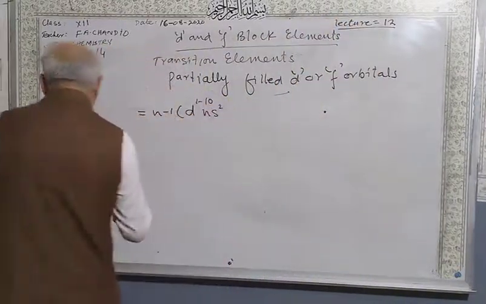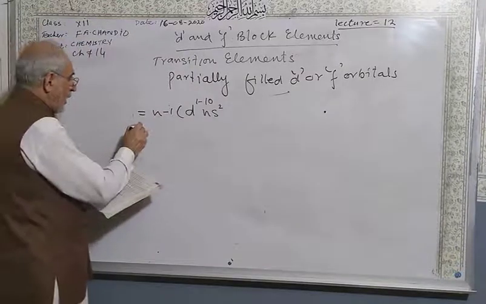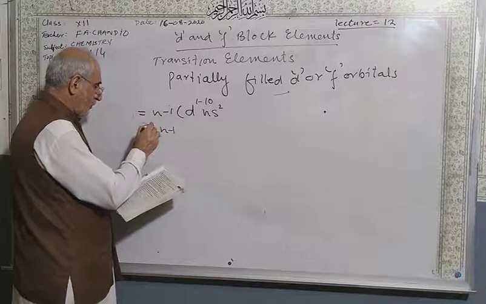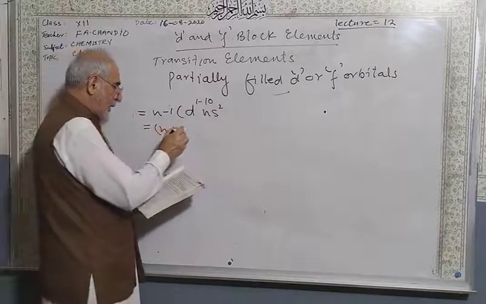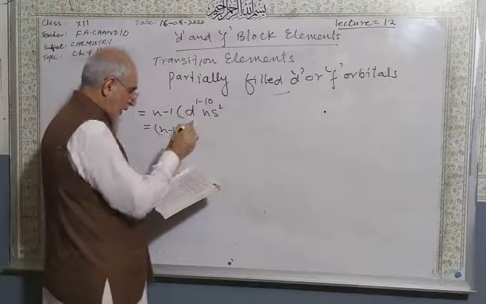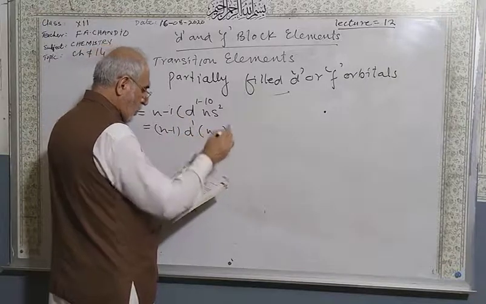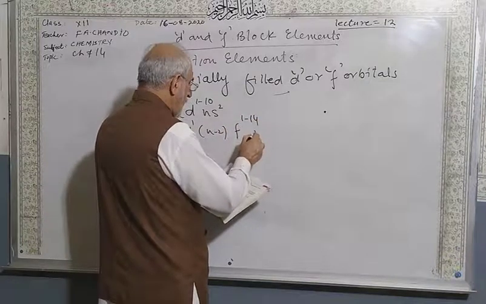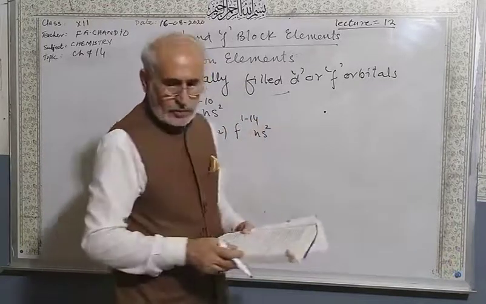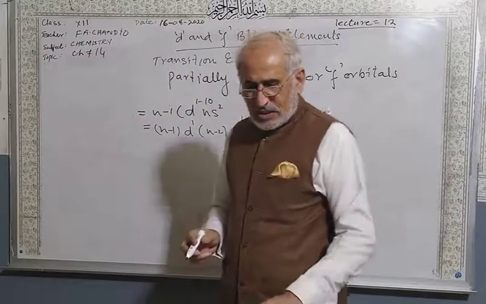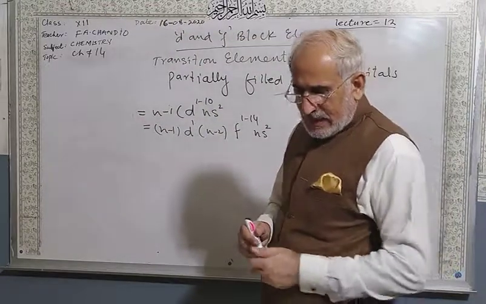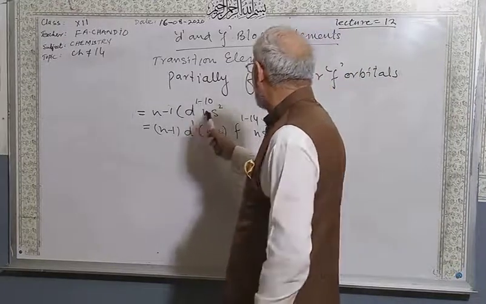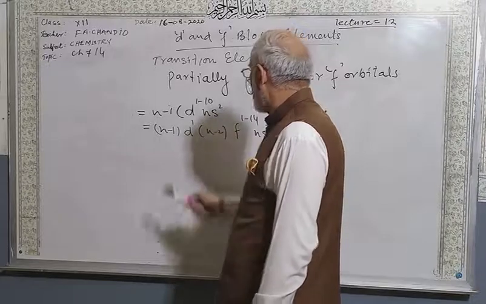Then for the F block elements, the formula is (n minus 2) f, with 1 to 14 electrons, (n minus 1) d with 0 or 1 electron, and ns2. So in the D block, n is the number of shells, n minus 1 d has 1 to 10 electrons, and ns has 2 electrons.